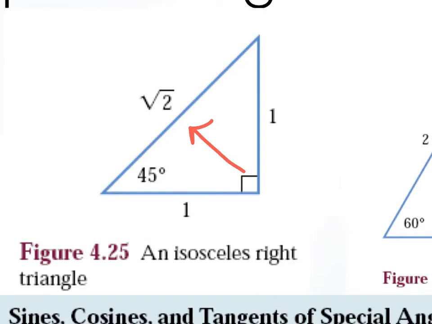My opposite and my adjacent are the same numbers because those are the same angles, right? So if I asked you for the tangent of 45, you would tell me it's 1 over 1, which is 1. You need to know this pattern.